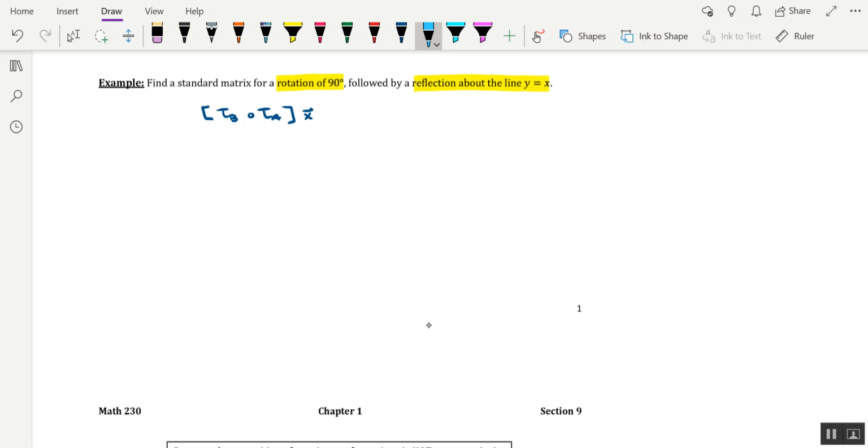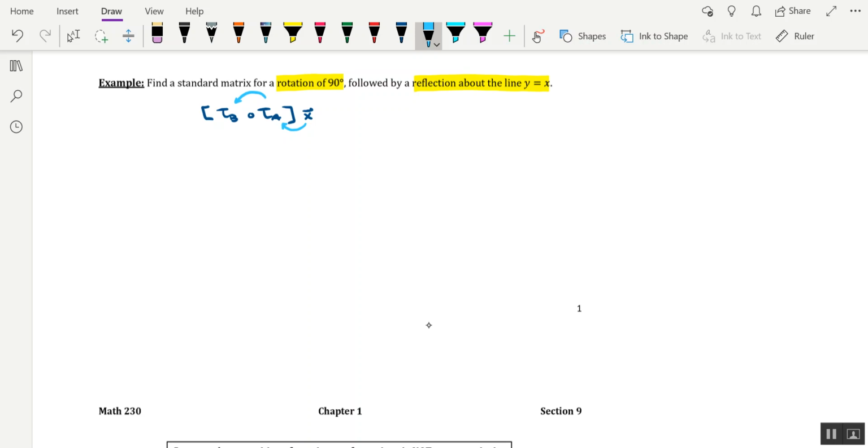This notation would tell us that first T sub a gets used, and then after that we use T sub b. Okay, now we don't have a particular vector x that we have to apply our standard matrix to, but it's helpful to think about what would happen if we did have a vector x, because this helps us form the proper order of the matrices.